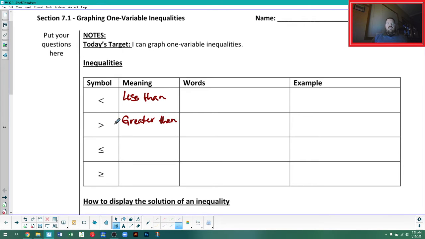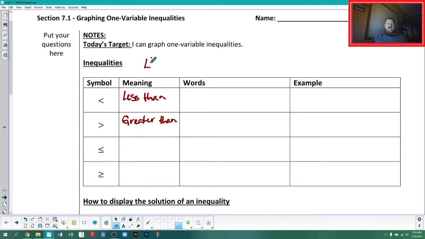And I know there's always confusion that comes when you're trying to figure out, well, which symbol do I have? How do I say that in words? My go-to solution, or troubleshooting for that, is to write something that you know is true.